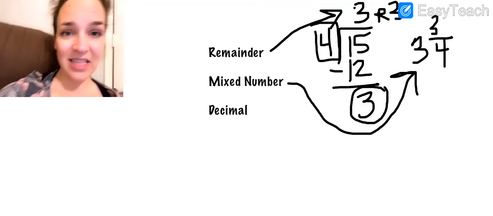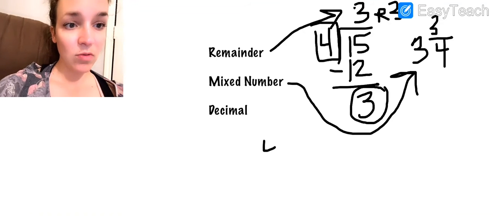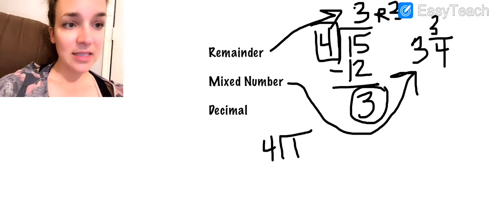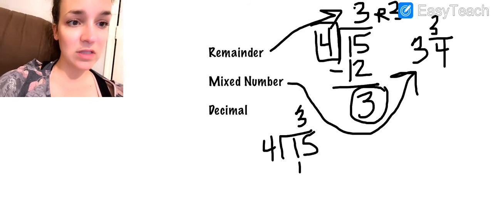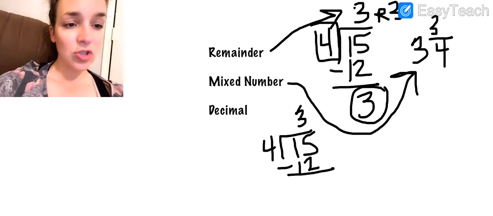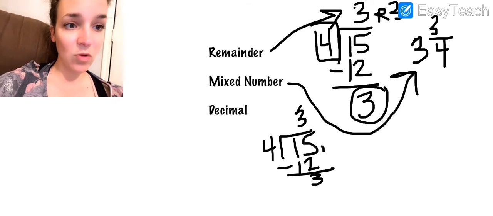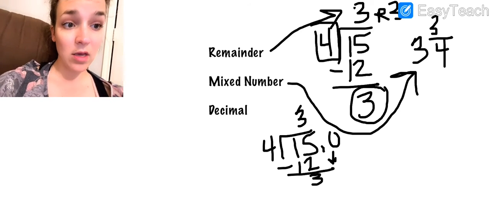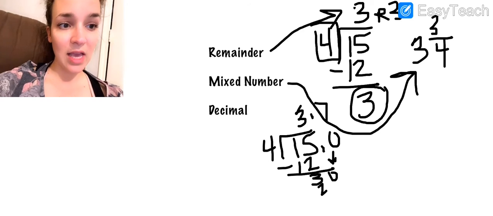Then finally, the last way that we write the answer to a division problem when it's not a whole number is as a decimal. So let's rework this real quick so you can see how this would play out. We would get to here, but then we would add a decimal and a 0 and keep going. We bring that down. So 4 goes into 30 7 times. 7 times 4 is 28.